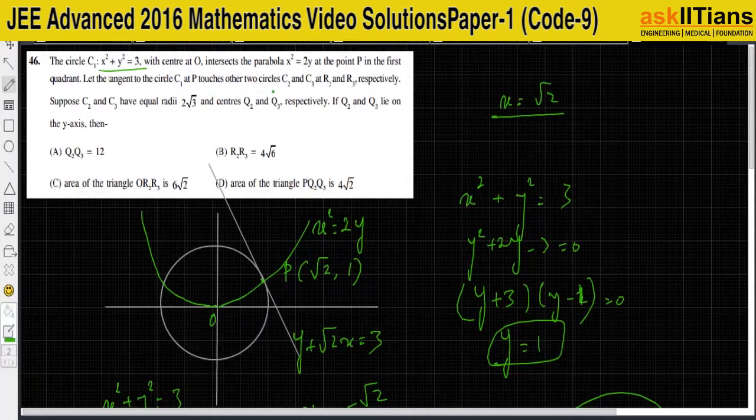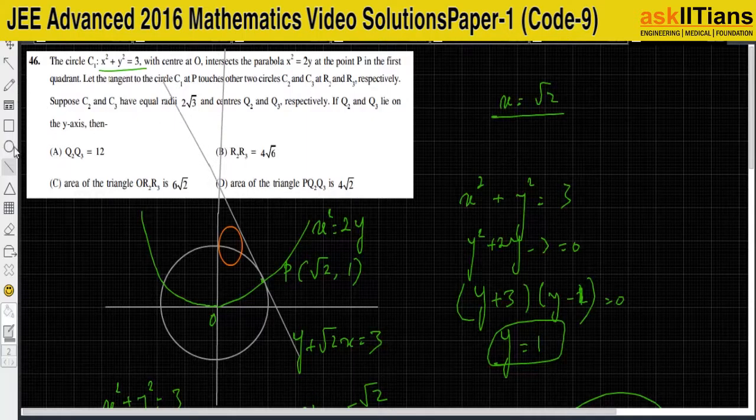the tangent at P touches the other two circles C2 and C3 at R2 and R3. So there are two more circles actually which are here, and their radii are also the same. So one circle will be something like this here, and the other circle, if I extend this line, it will be like this, and this tangent, if I extend it, it will be like this.